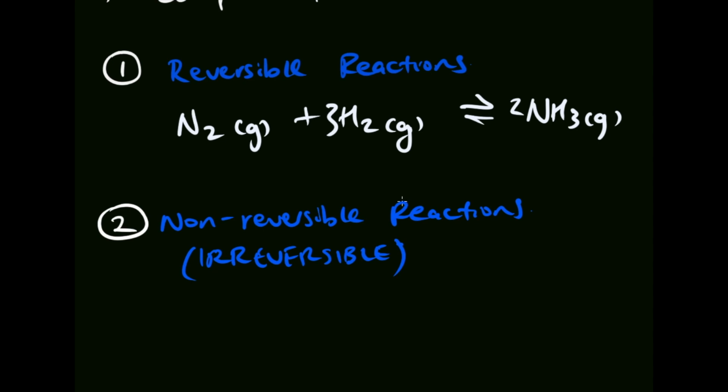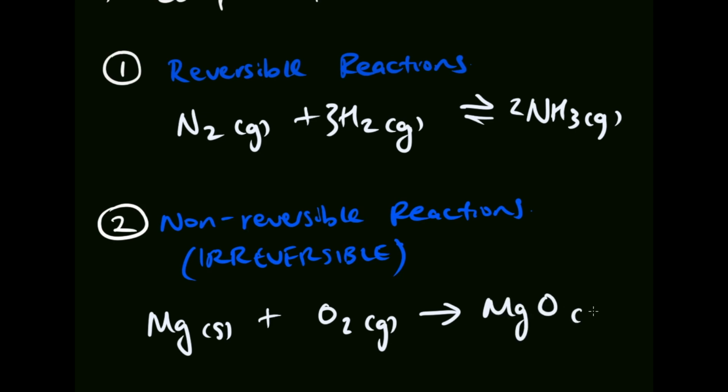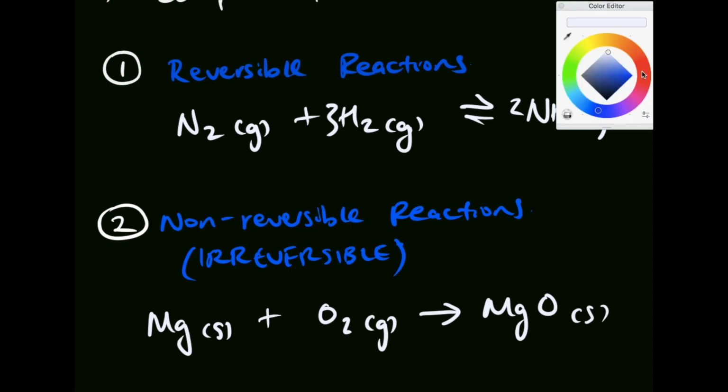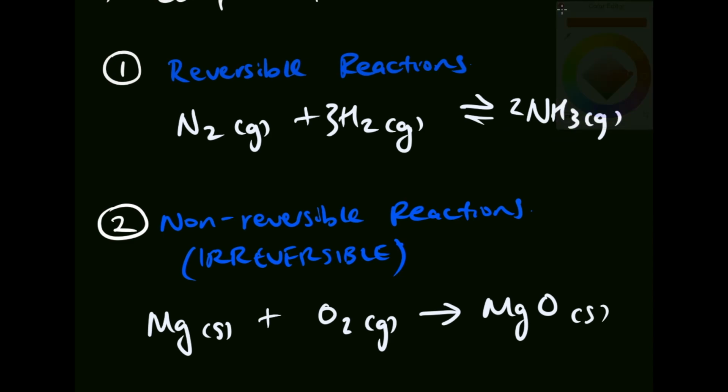And a non-reversible reaction could be magnesium metal reacting with oxygen in the air, giving us magnesium oxide, which is a white powder, and you usually see a bright glow. I think your teacher should have done this experiment at school back in year 11, or now, we call it year 12, when you do module 5.